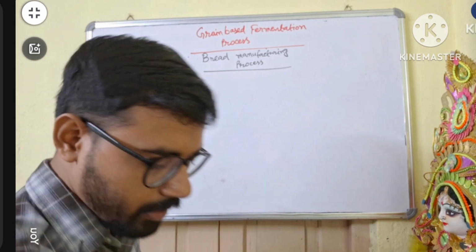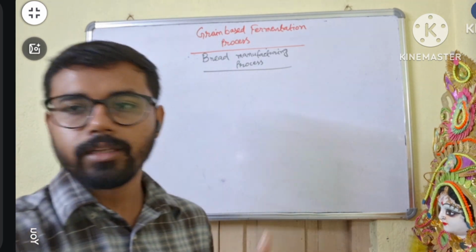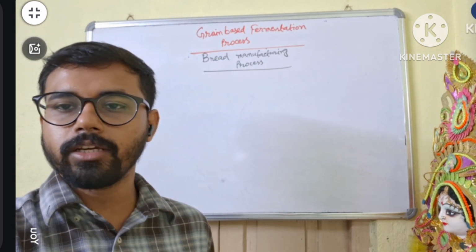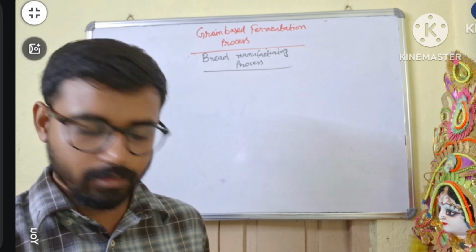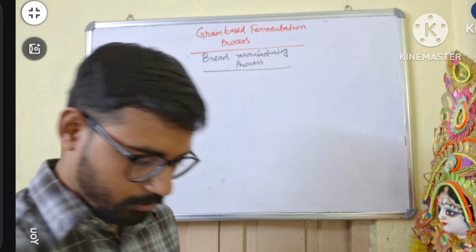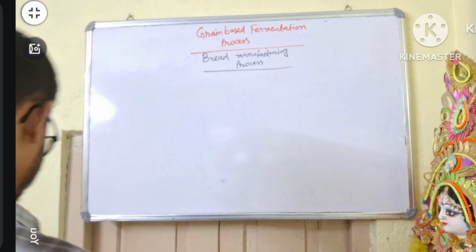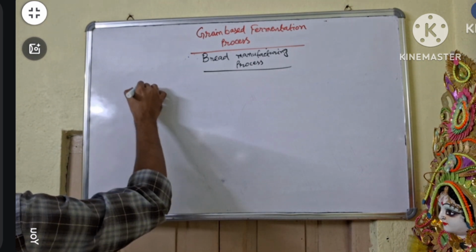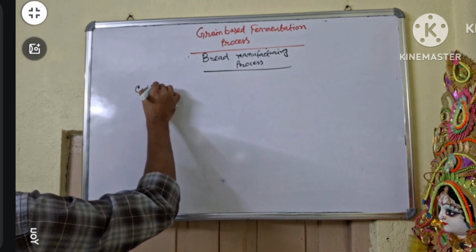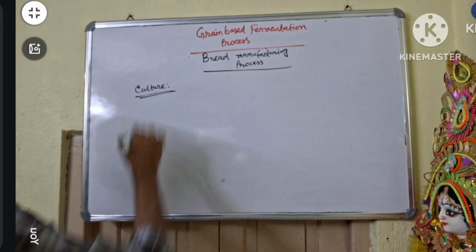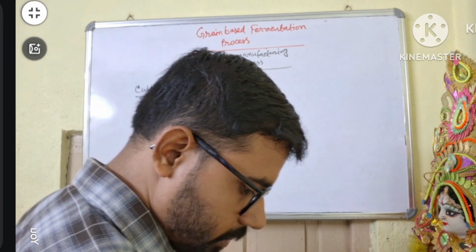The good property of yeast that we need for bread making is not provided by it. So the indigenous microbes option is not present here. We have to add a starter culture. After raw material, the next part is the culture addition.